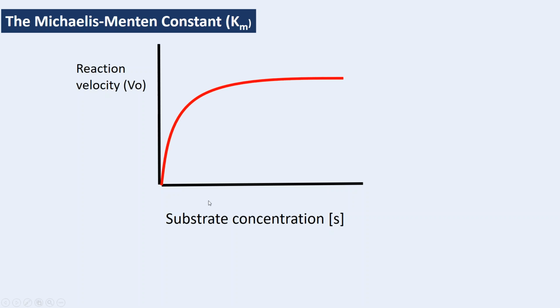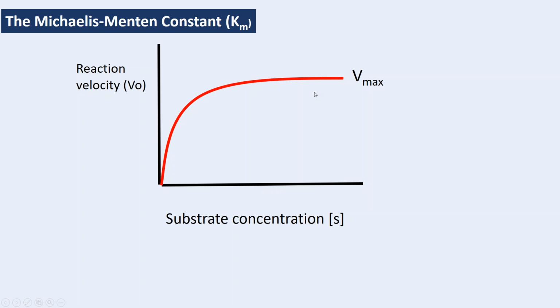Once you take a drug and increase the concentration, initially the reaction velocity increases and reaches the maximum velocity of that reaction, which is known as Vmax. Once it reaches the Vmax, it reaches saturation.